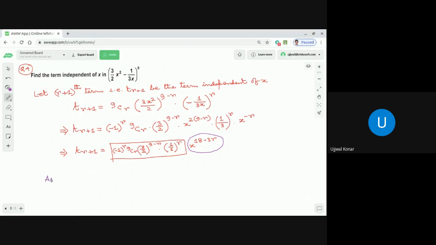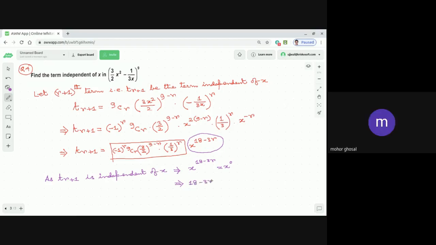As T(r+1) is independent of x, this implies x to the power 18 minus 3r should be equal to x to the power 0. That implies 18 minus 3r is equal to 0, correct or not?